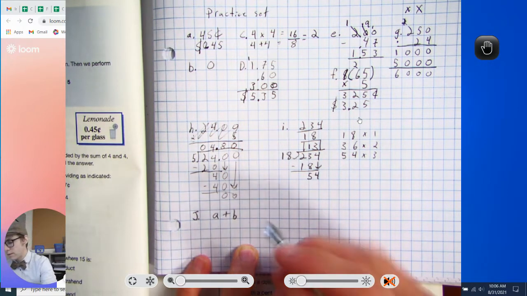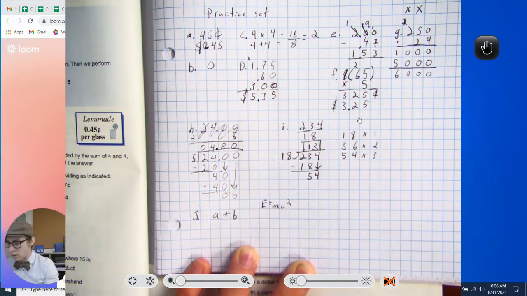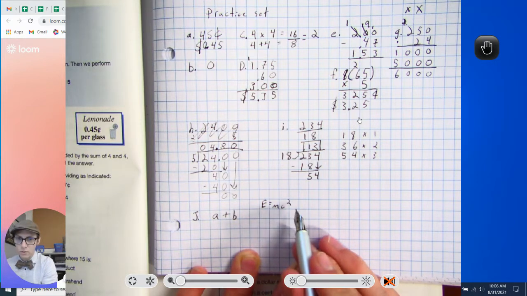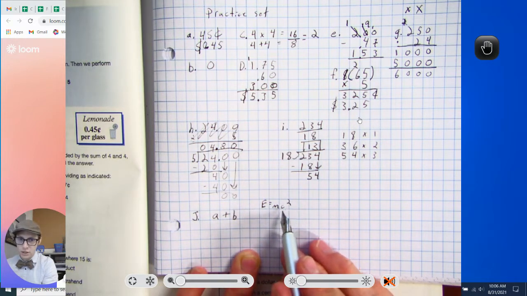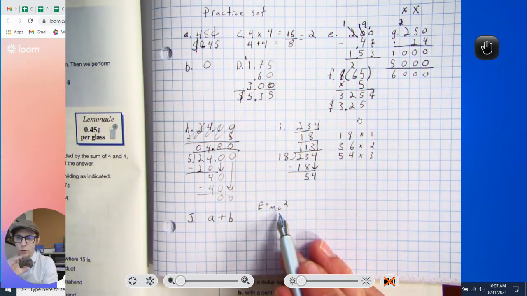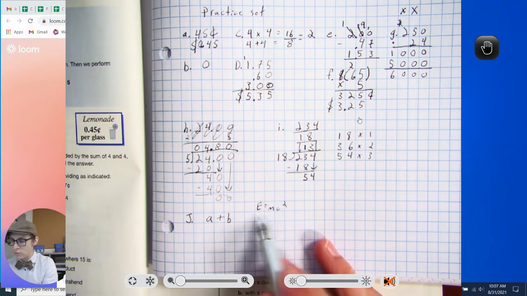Most famously, you'll see things like E equals mc squared, which is energy equals mass times the speed of light squared. The speed of light is actually a constant, but it's a really, really long decimal, a really long number. So it's best if we just put C in its place. E and M change based on what's going on, on the mass.